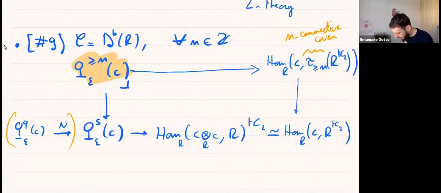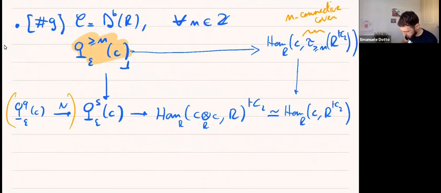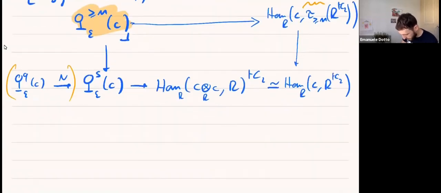And so what do we get out of this? If you think about how the connective covers map to each other, you get a sequence of these functors. Out of this, you get a sequence that starts with the quadratic one, which is what you get if you take n equal infinity.